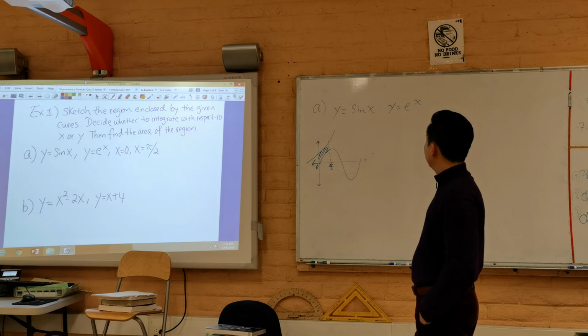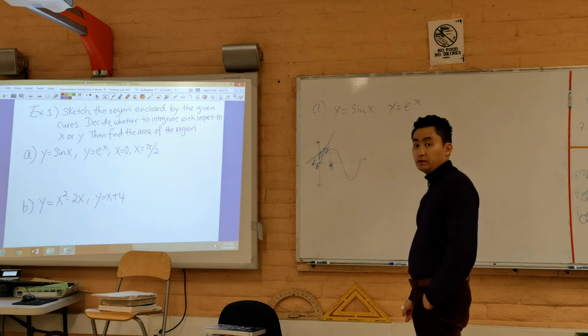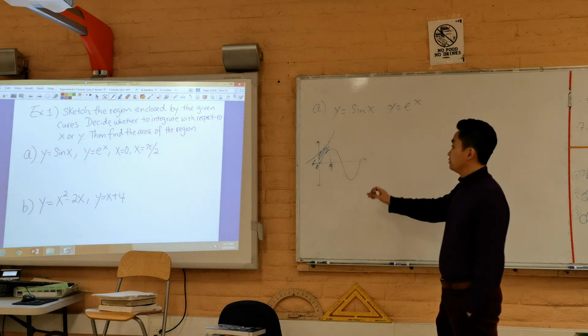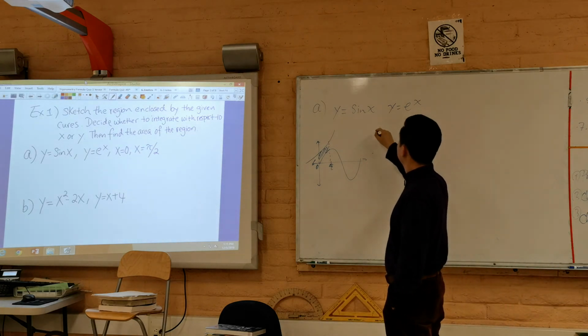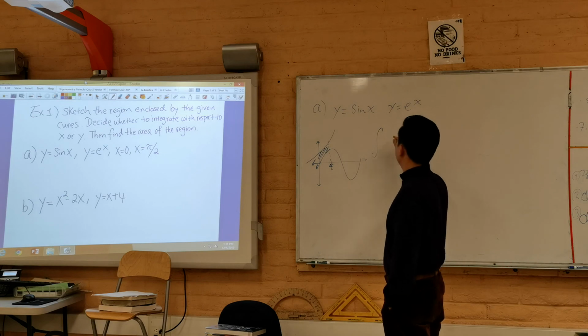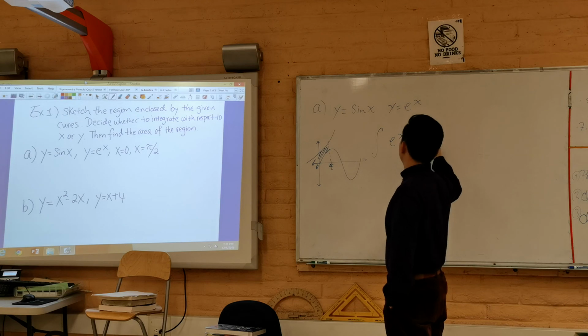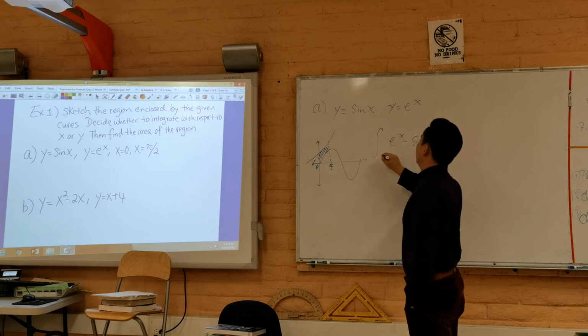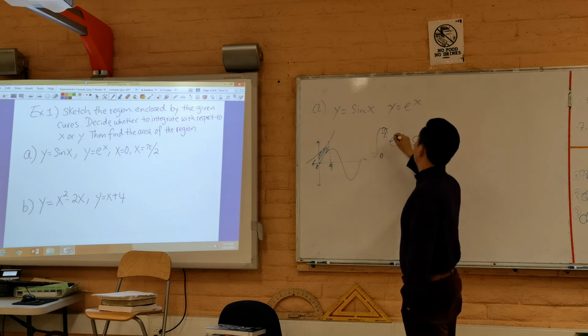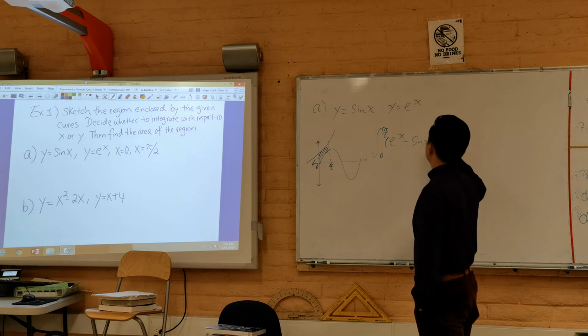You may notice that the upper curve is e to the power of x and the lower curve is sine of x. So we start with the integral of f of x, which is e to the power of x, minus sine of x, integrating from 0 to pi over 2, with the indicator dx.